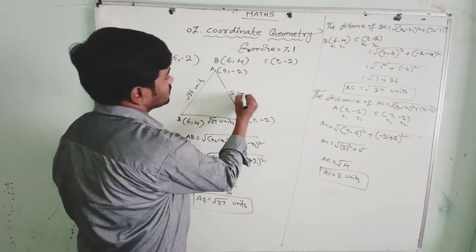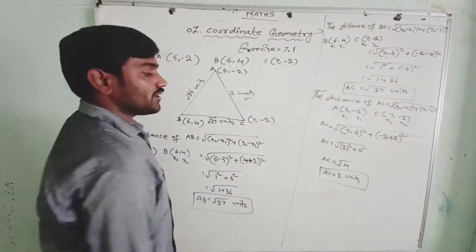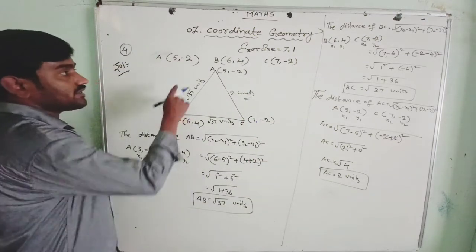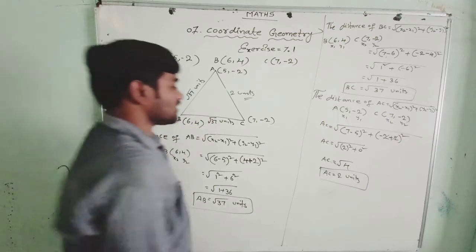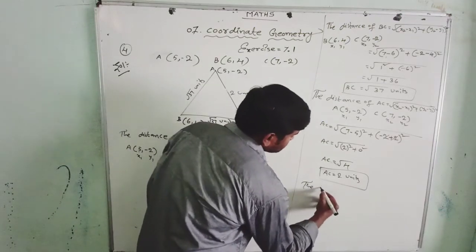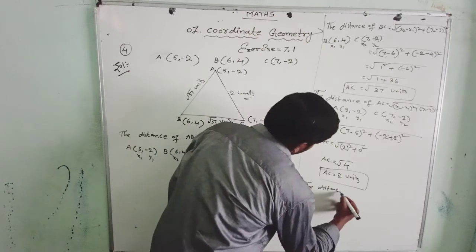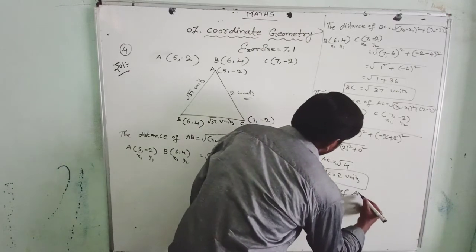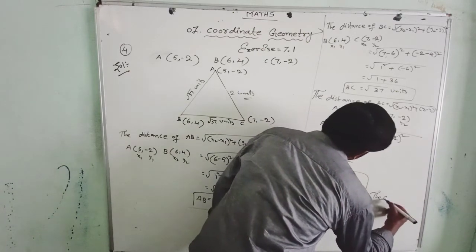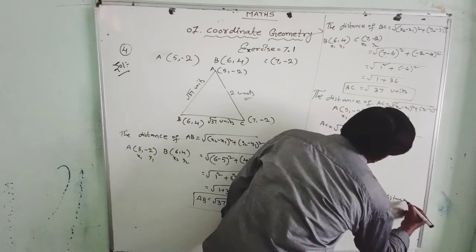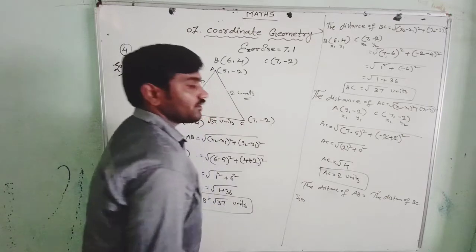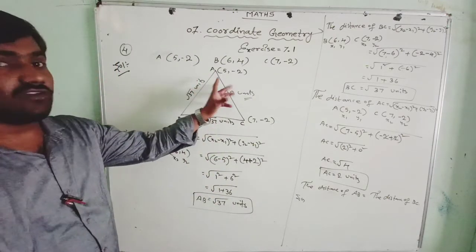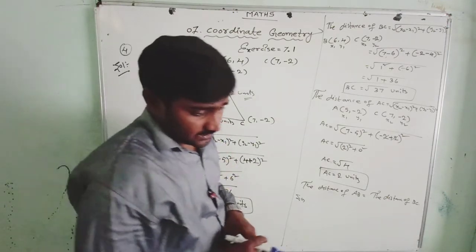It is 2 units. So now we can confirm that two sides are equal. The distance of AB equals the distance of BC. So the given points will form an isosceles triangle.